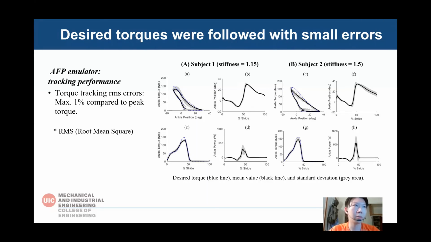For the errors, we use the RMS, the root mean square error between desired torque and actual torque. The emulator also showed a wide range of motion in ankle angles and can provide high power up to 1 kilowatt.